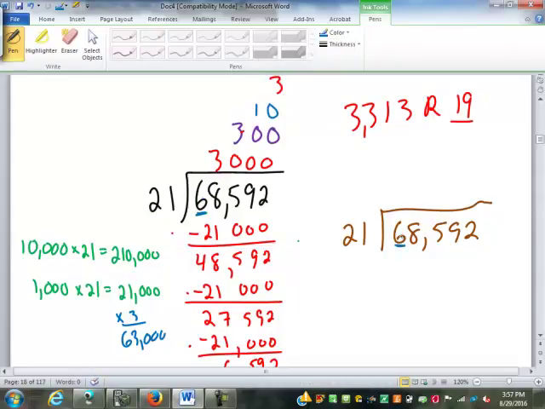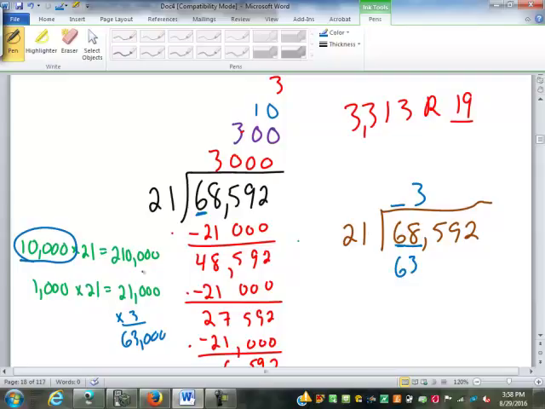Does 21 go into 6? No, it doesn't, right? So we leave that blank up above there. That's the same as what we just did here. Can't take it out 10,000 times, so we move it to the next place. We move over to the next place, the 8. Does 21 go into 68? Yes. It goes how many times? 3. 3 times 21 is 63.